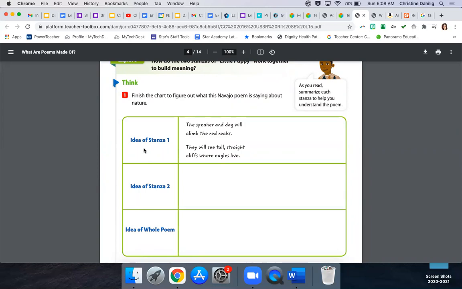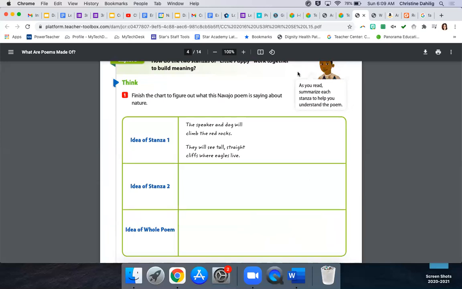Going back to the idea of stanza 1, it says, the speaker and dog will climb the red rocks. They will see tall, straight cliffs where eagles live. In your breakout groups, you will be completing the idea of stanza 2 and the idea of the whole poem.